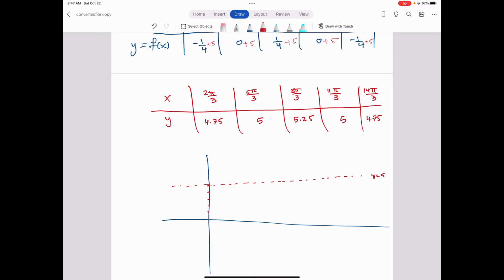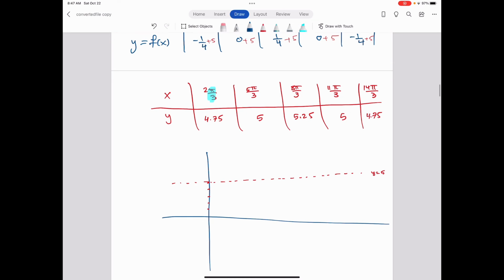And now I'm going to plug in these numbers. I noticed that all of these are multiples of pi over 3, so I'm going to put these at equal spaces, and then I'm going to increase by pi over 3.